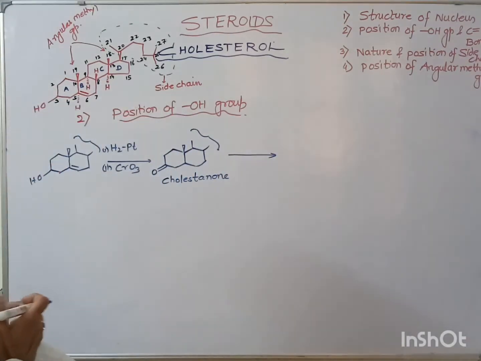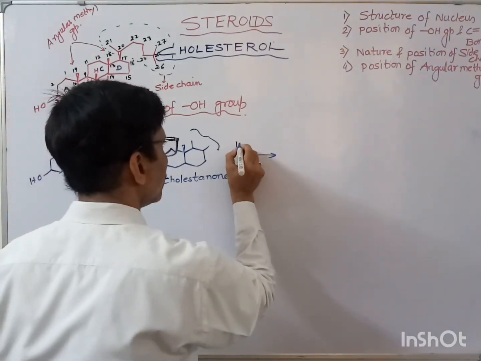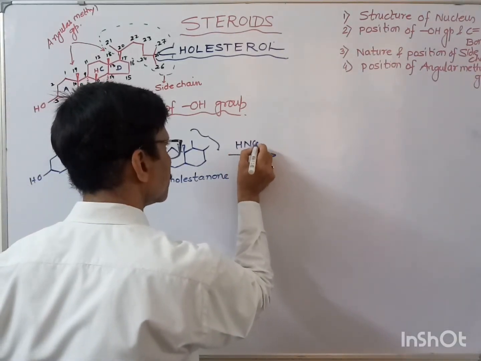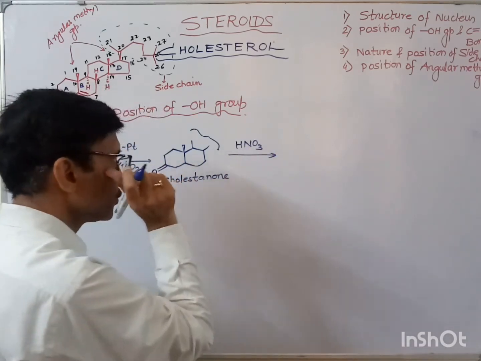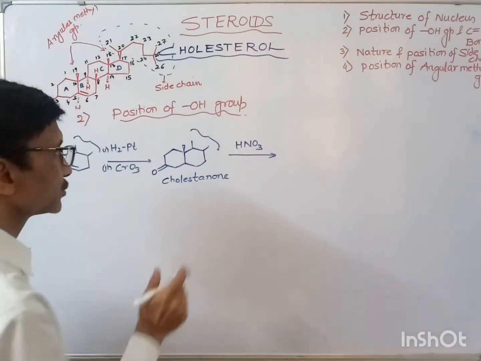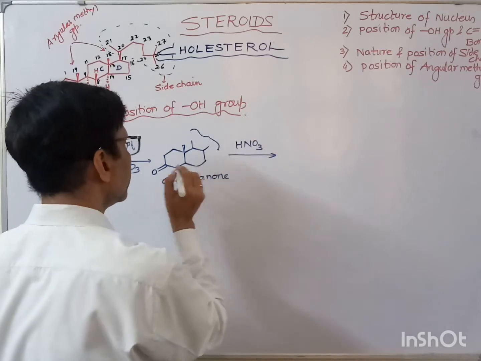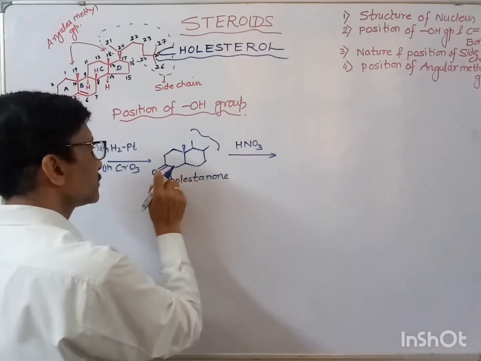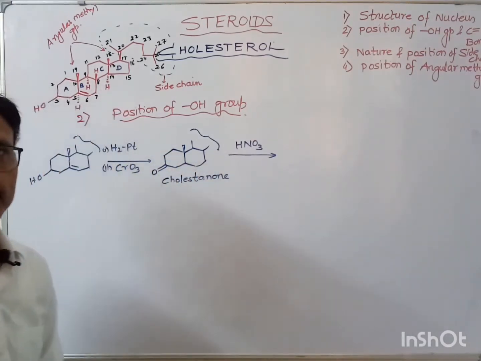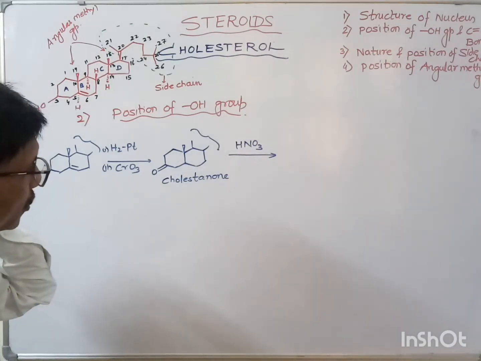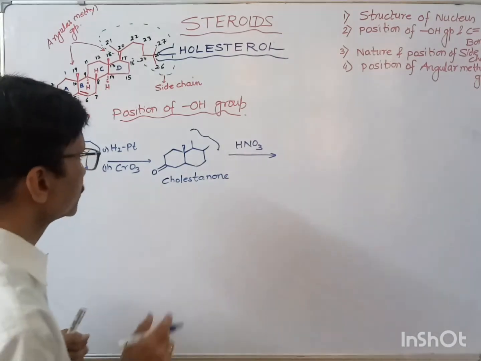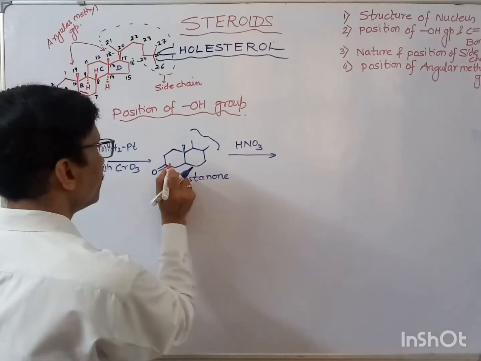After this it was treated with HNO3. In the presence of HNO3, if it is heated, then this keto group can be oxidized. After this oxidation, the bond may break.